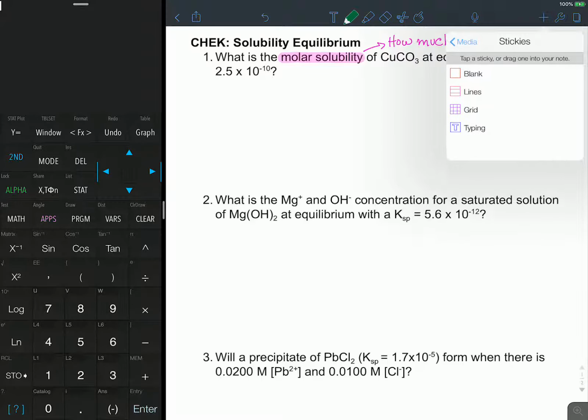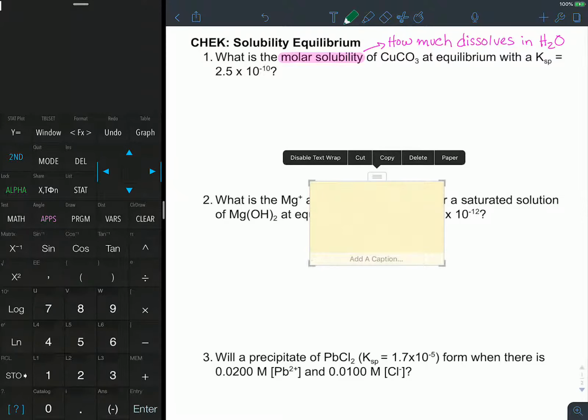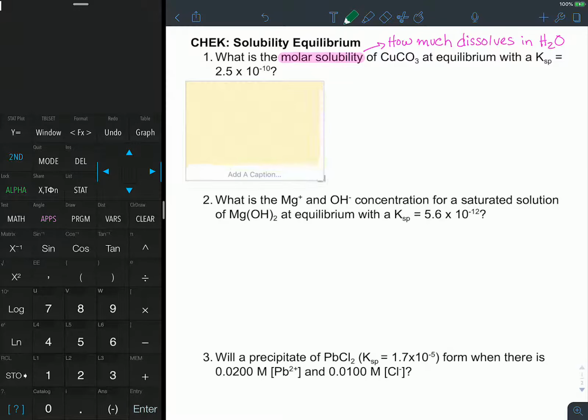Let me make this sticky a little bit bigger.